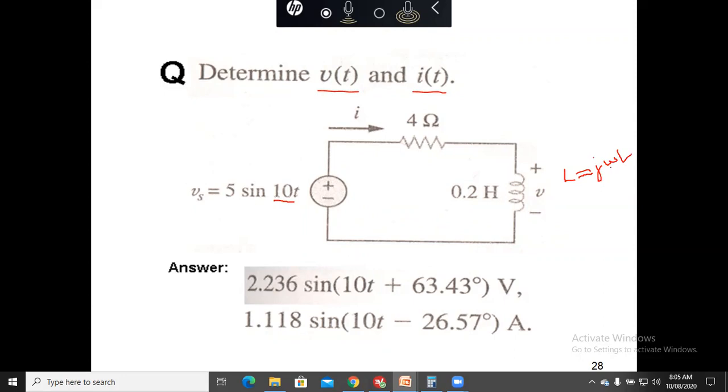The value of omega is 10 and the value of L is 0.2, so it will be 2j, right? And the source will be written in phasor form as 5 at the angle of 0 degrees, and the total impedance will be 4 plus 2j.